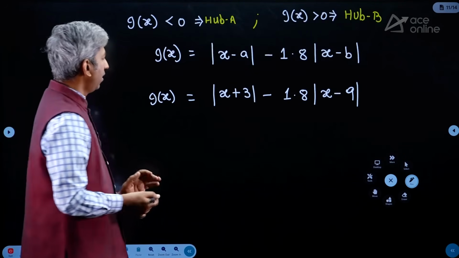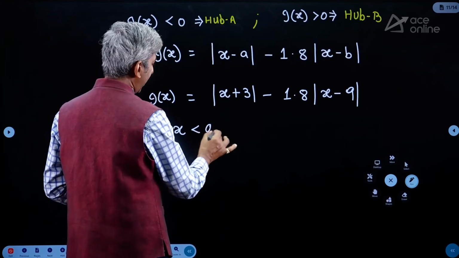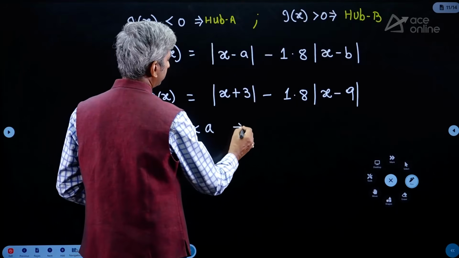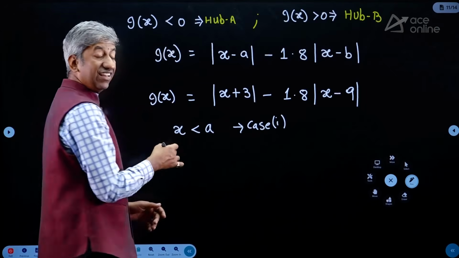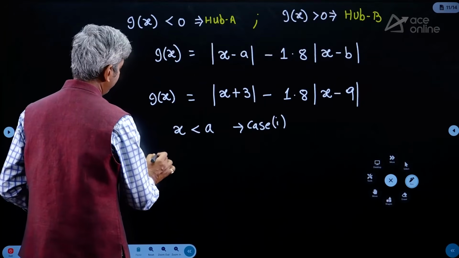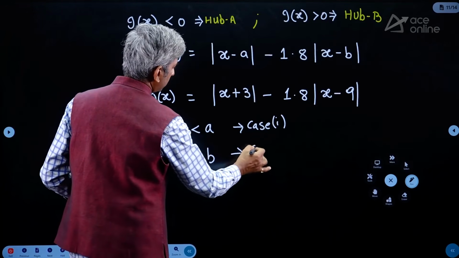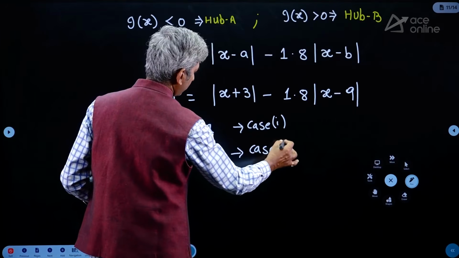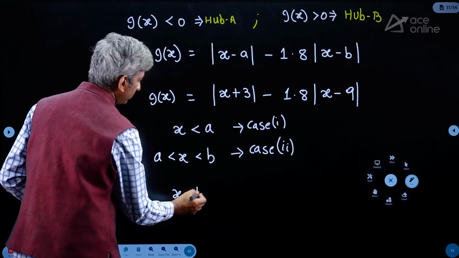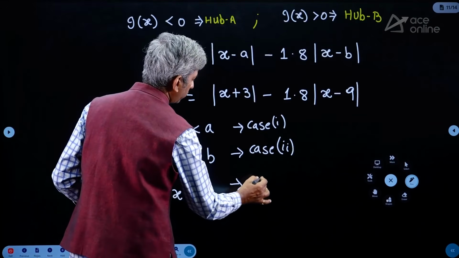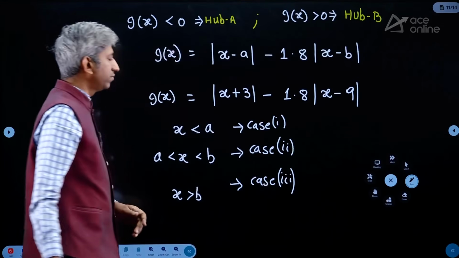One is x is less than a, that is case 1. X is in between a to b, that is your second case. And x is greater than b, that is your third case. These are the only 3 possibilities.